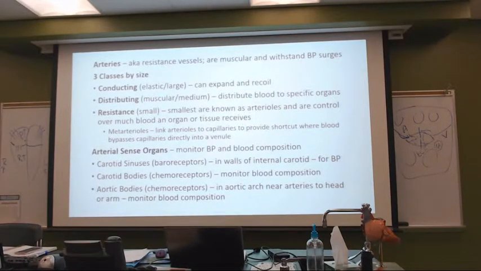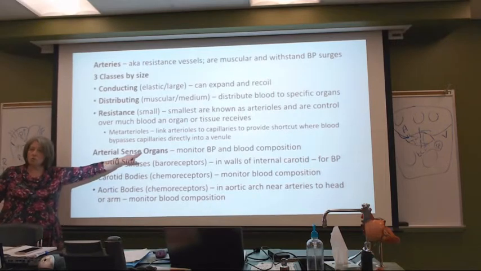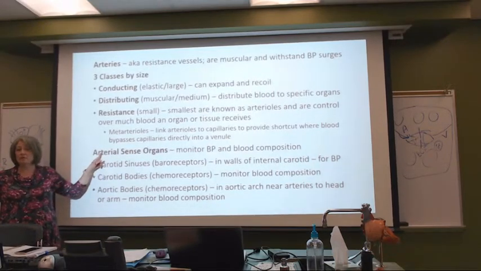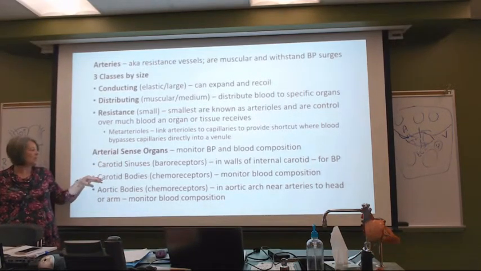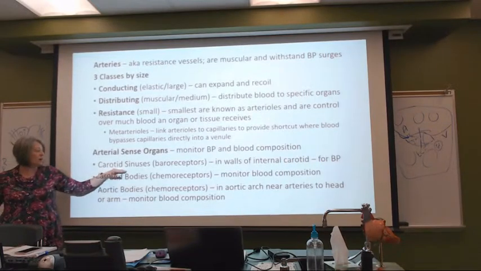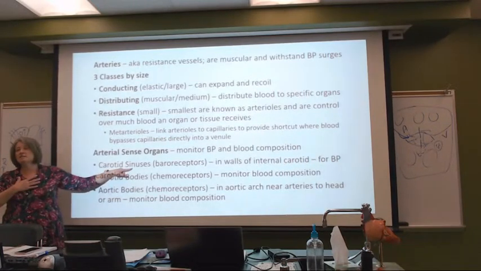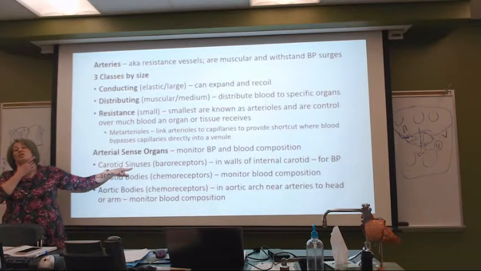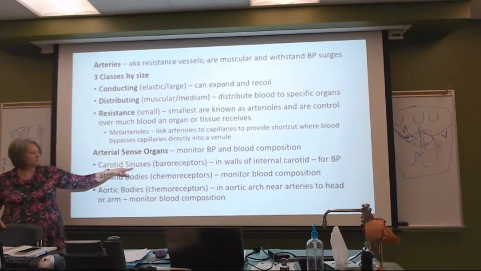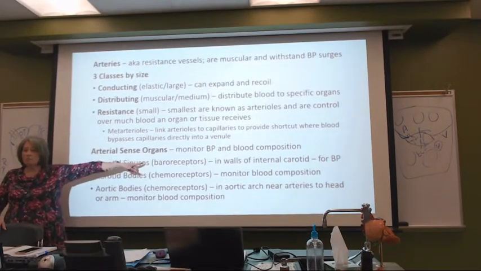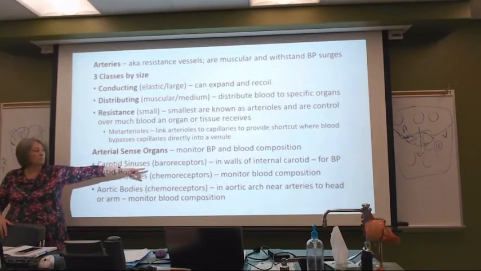So the blood composition and the blood pressure, the little sensory organs in the arteries that can pick it up, in my carotid sinuses, ones that are branching into the upper head and neck. I have some baroreceptors.